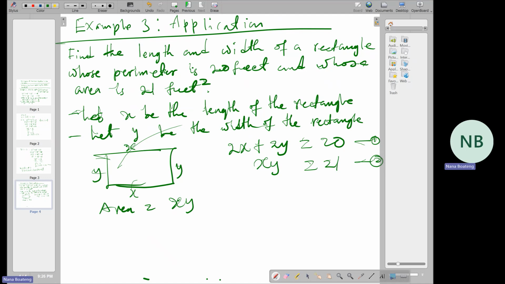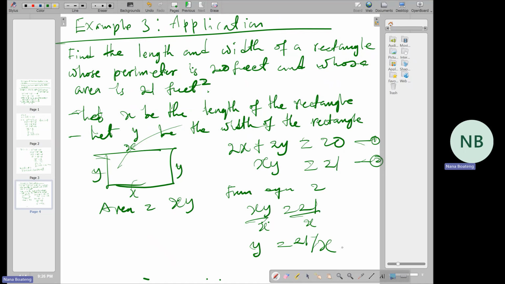So from equation 2, xy is equal to 21. If we divide both sides by x, then we have y is equal to 21 divided by x. So we can substitute this value of y into equation 1.